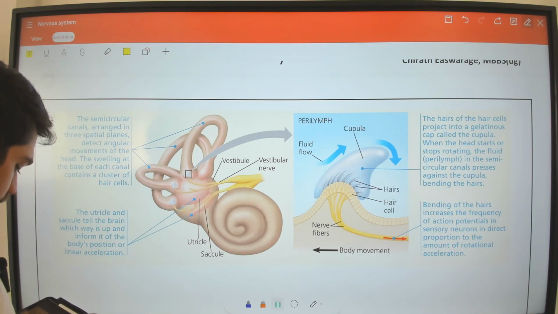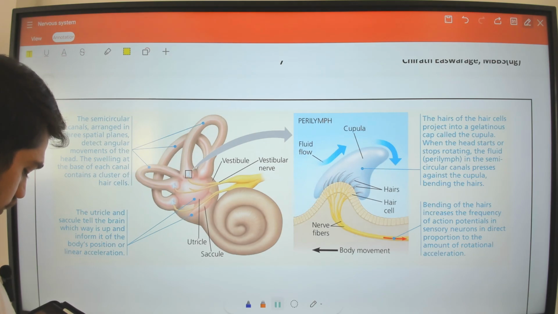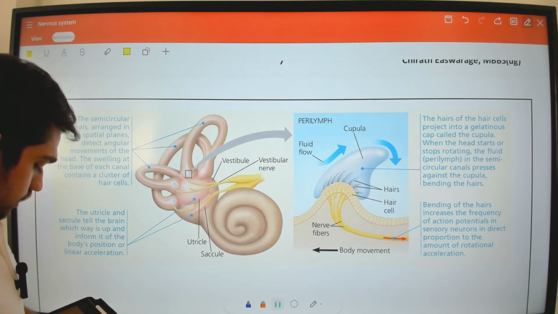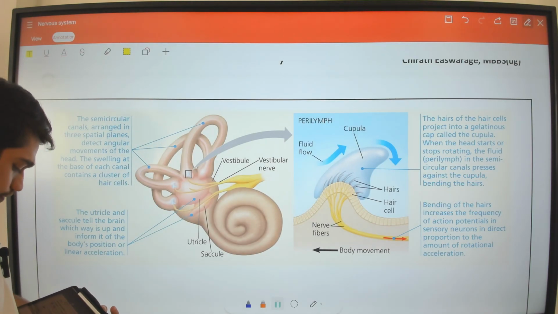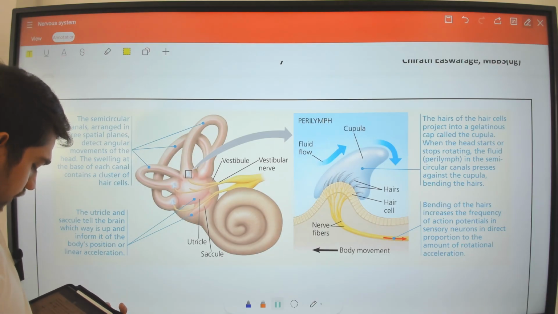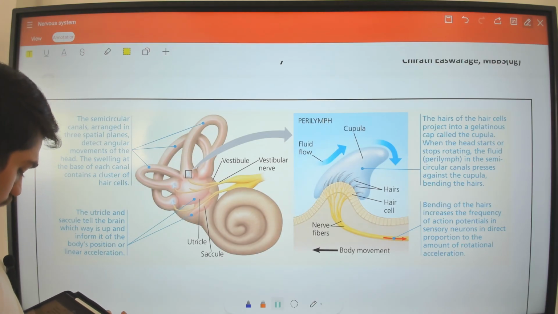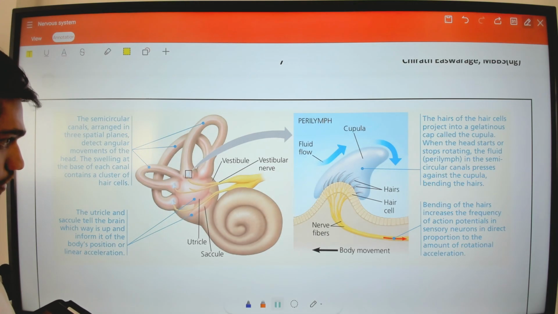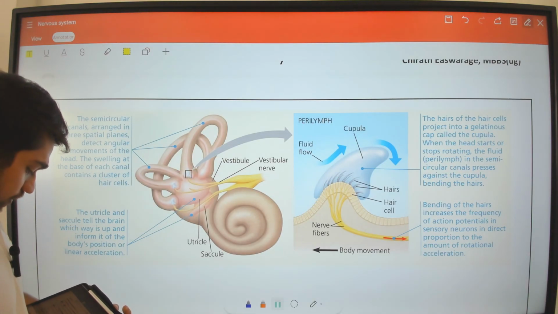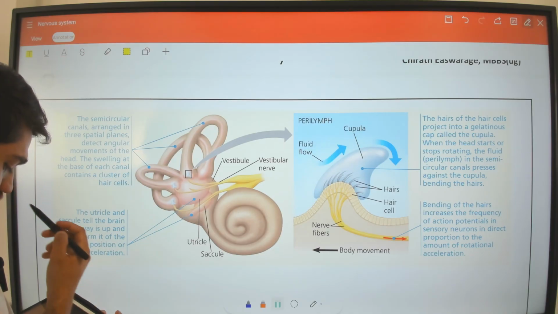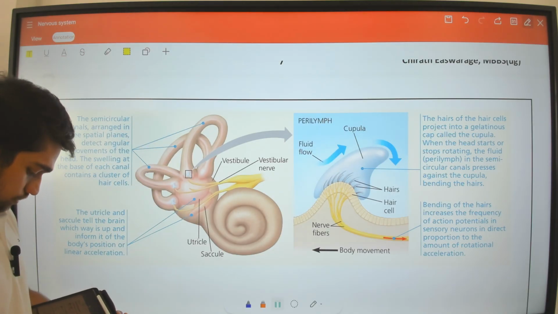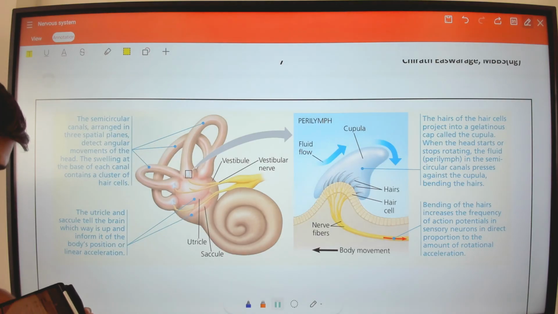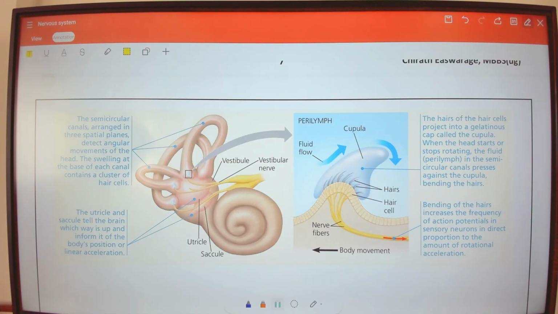Each of these endolymph-filled chambers contains hair cells that project into a gelatinous material in which small calcium carbonate particles, otoliths, are embedded. When the head is tilted, the otoliths press on the hairs projecting into the gel, bending the hair bundle. These deflections in the hair cells cause membrane potential changes which are transmitted as nerve impulses. All right. So we have to talk about otoliths, right? I'll show you how this works.